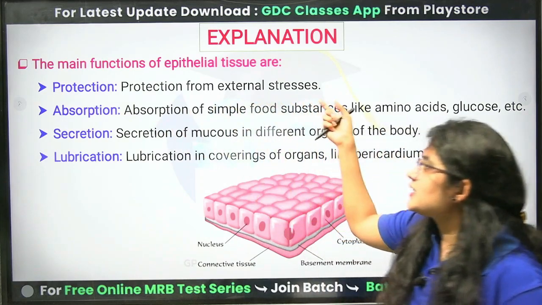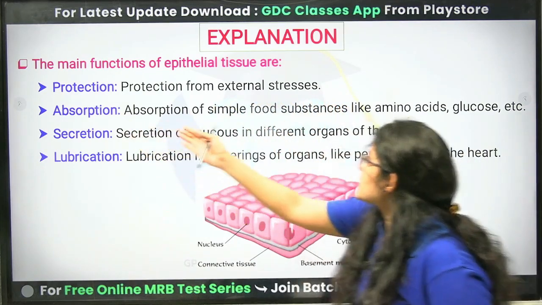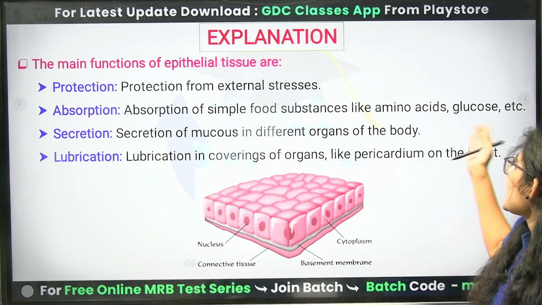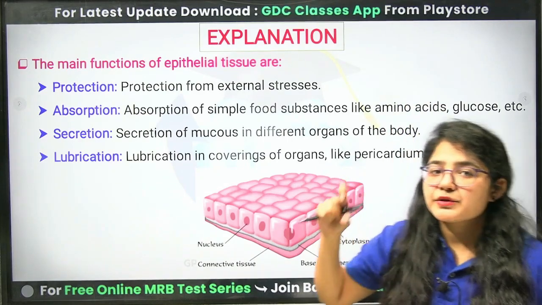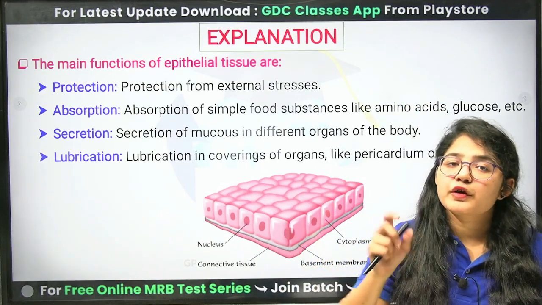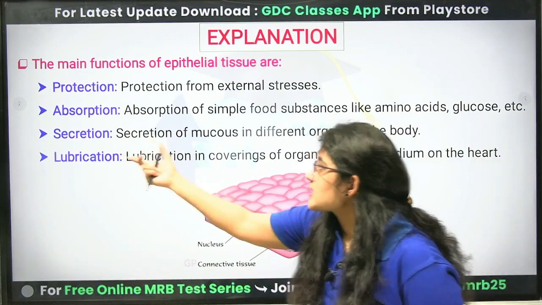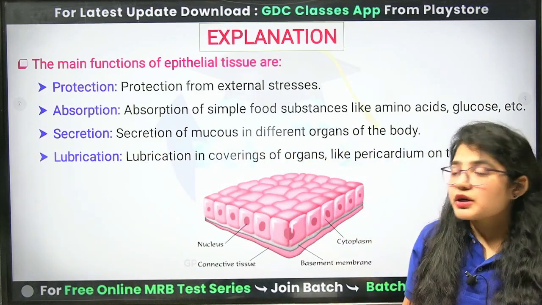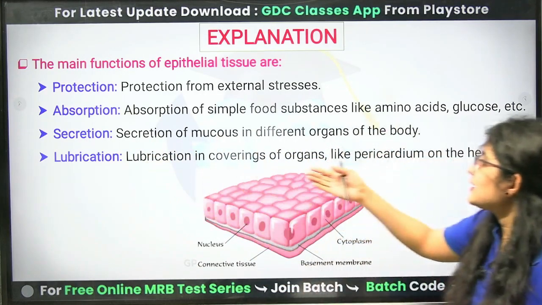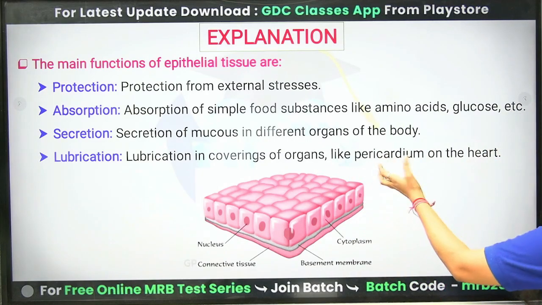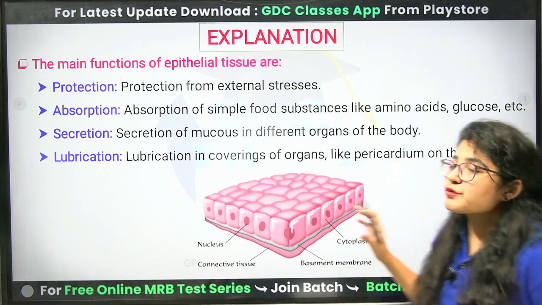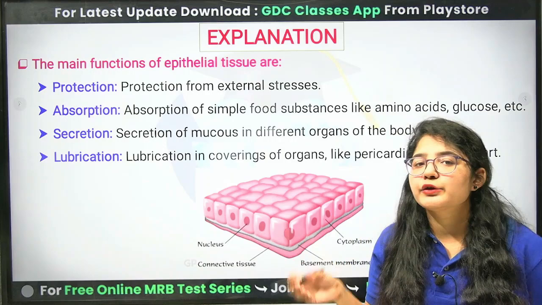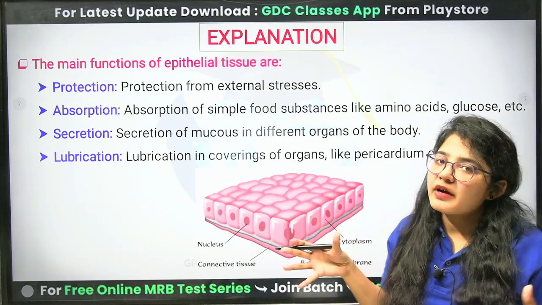Protection from external stress, absorption from simple food substance like amino acid, glucose are directly absorbed from your inner lining of your particular organ. Secretion is secretion of mucus in mouth, secretion of mucus in your throat. Lubrication, that it is present in the covering of organs like pericardium of heart, which will produce a lubricant to make lubrication of your heart proper.